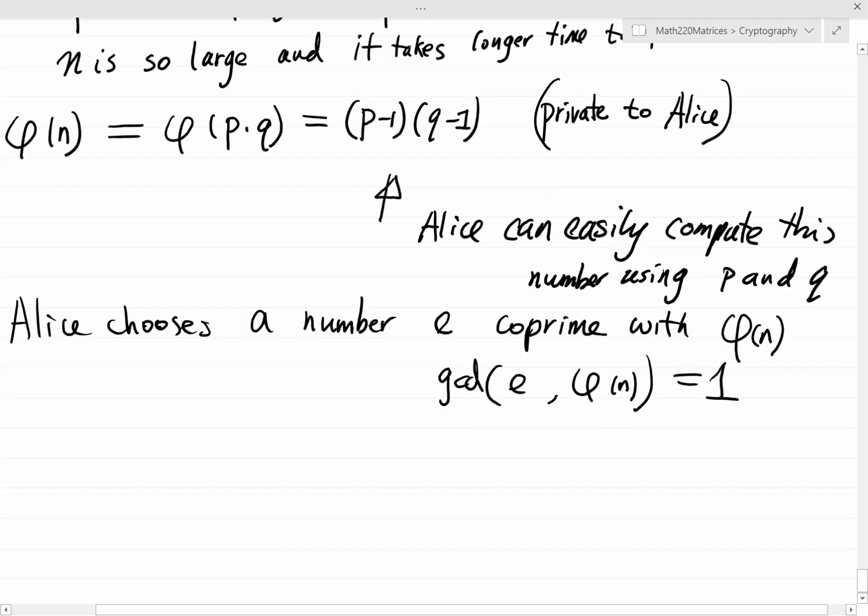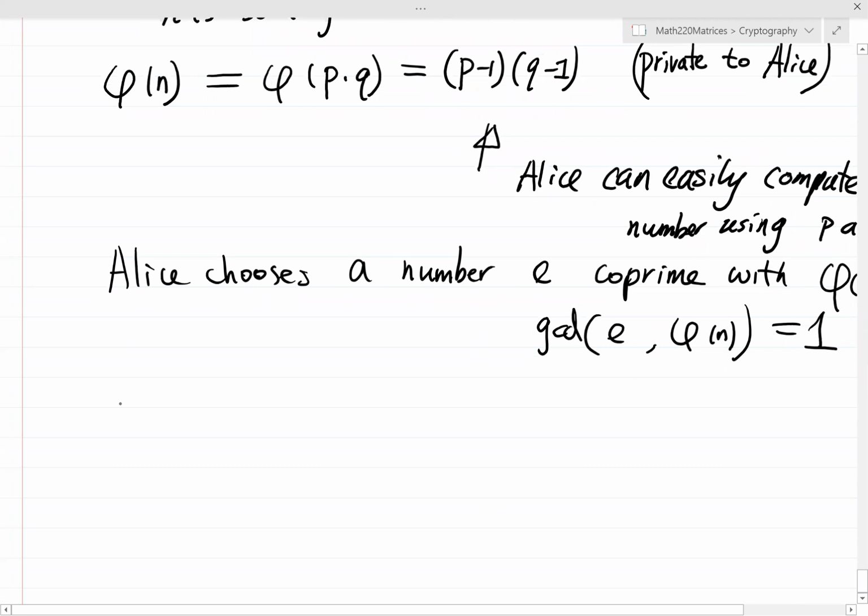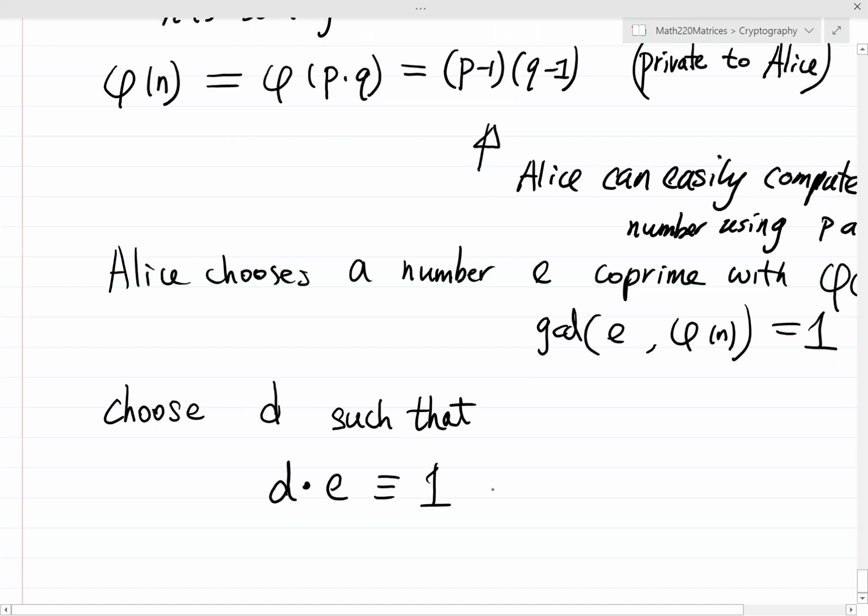And choose d such that d times e is the inverse modulo phi n.